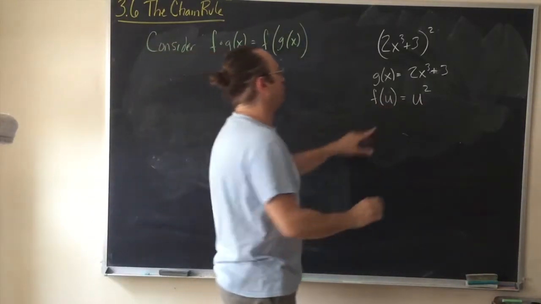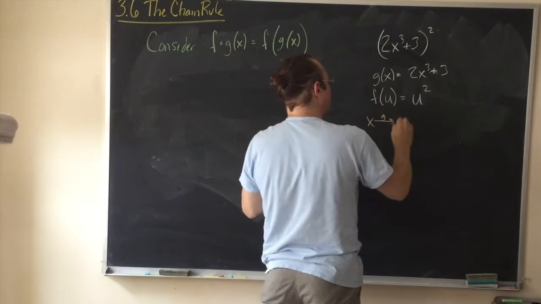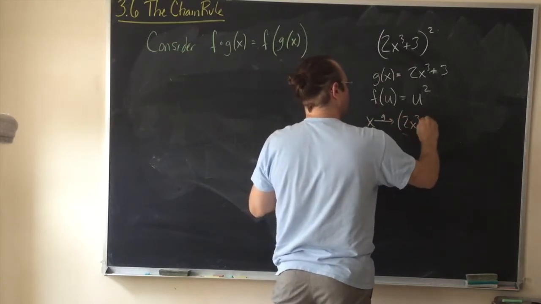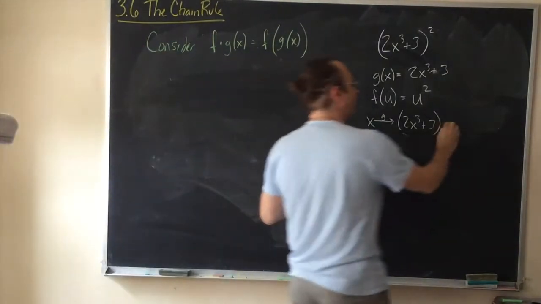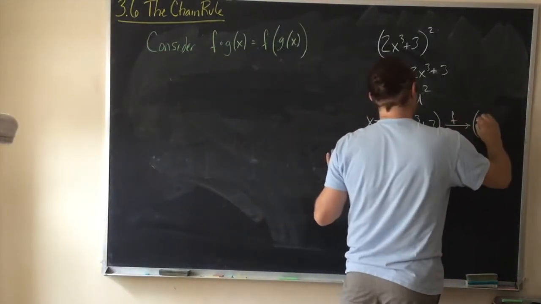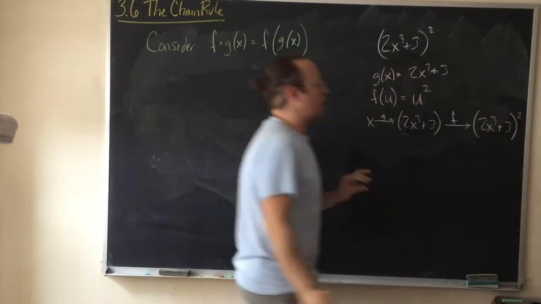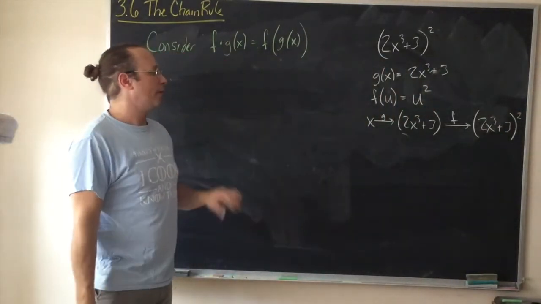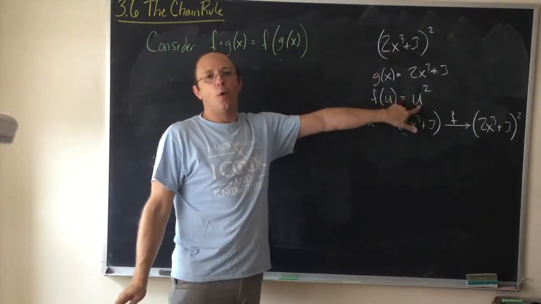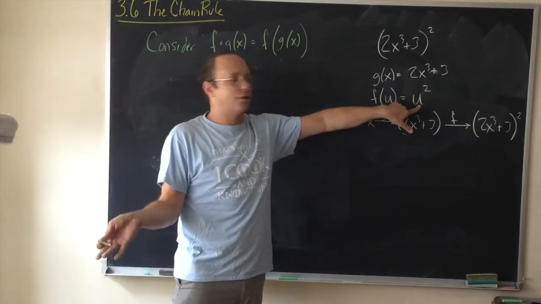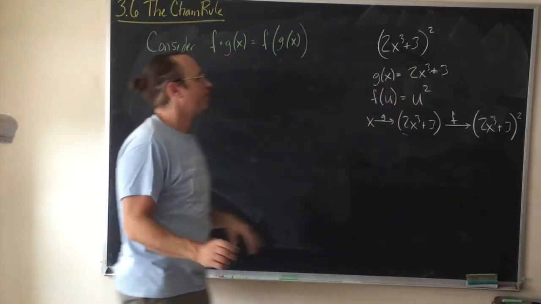So notice that you take your x, you feed it into the g machine, you get 2x cubed plus 3, you then feed that to the f machine, and you get (2x cubed plus 3) squared. And I broke this down using this u squared. We're only going to do this for the first day or so. After that, we're going to start working without having to write in this middle step.